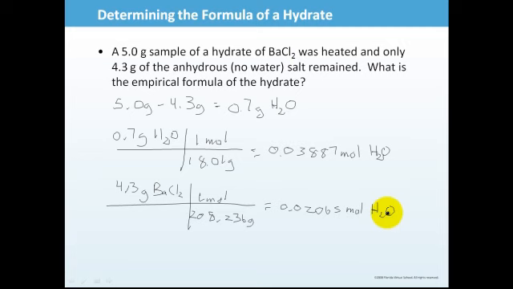Again, the next step in empirical formula is to divide both of those by the smallest number. So when we look at these, our smallest number is the bottom one, right? The 0.02. So we'll divide the top by that number, and we'll divide the bottom by that number.